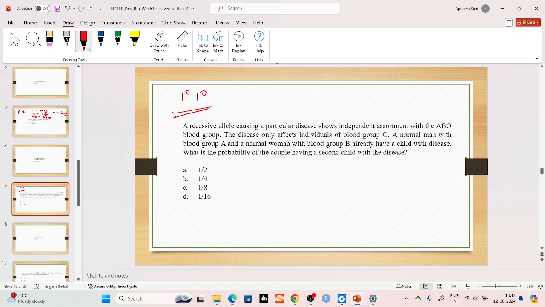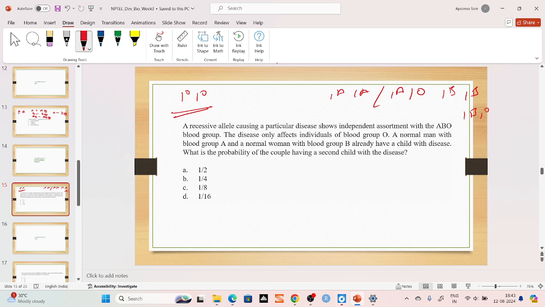If you have blood group A, then what can be the genotype? It can be either IAIA, or it can be IAIO. Similarly, for blood group B, it can be either IBIB, or it can be IBIO. Now, we know that the disease is caused only by blood group O.